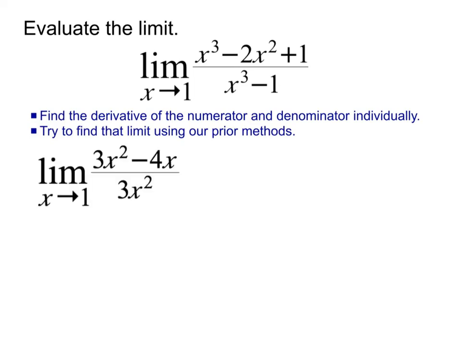This is what you would write for your first step of actual work: the limit as x approaches 1 of this equation. I got that equation by taking the derivative of the top and making that my new top, then the derivative of the bottom, making that the new denominator.